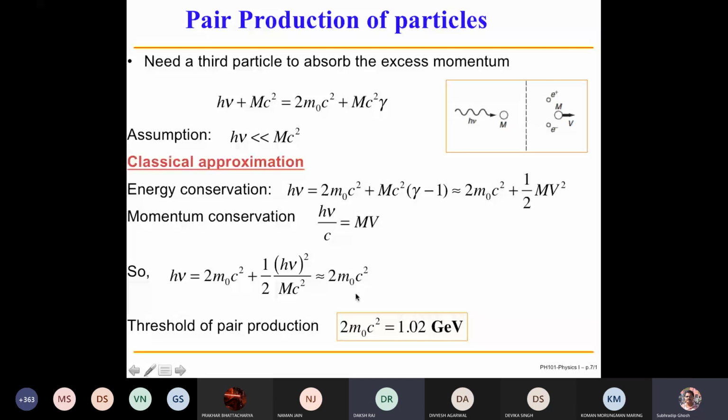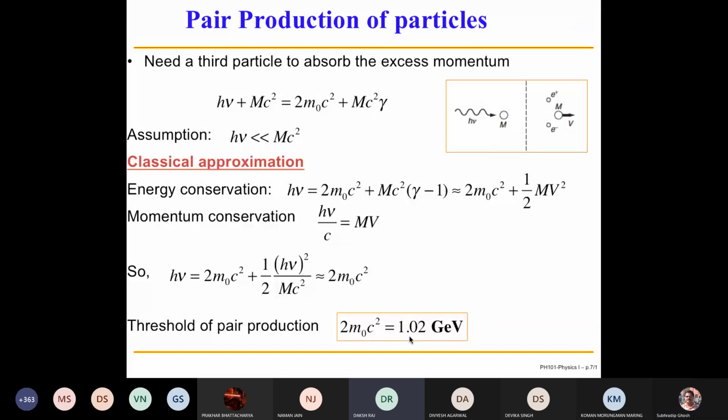What is m naught? m naught is the rest mass of the electron. So the rest mass energy of an electron is 0.51 mega electron volt, so that for the threshold of pair production, the pair production will happen only if you send a photon beam with energy of the order of 1.02 mega electron volt.